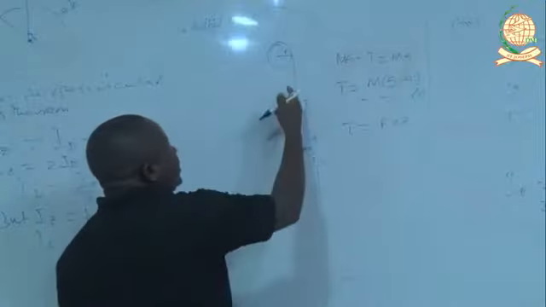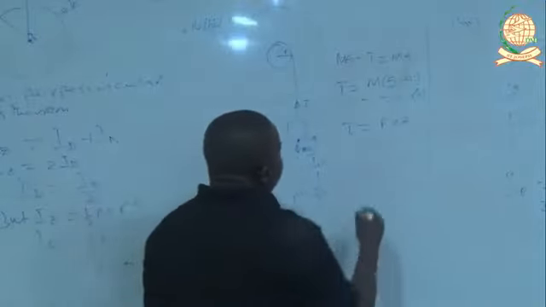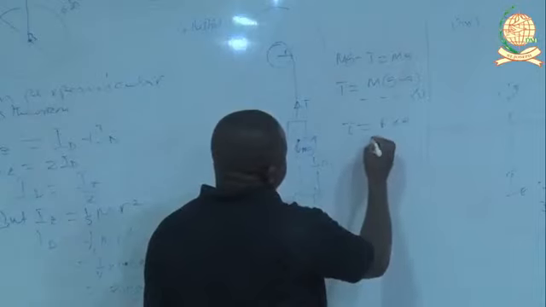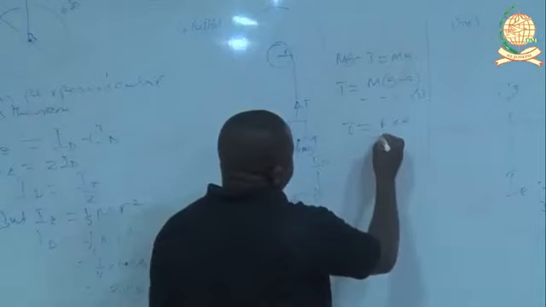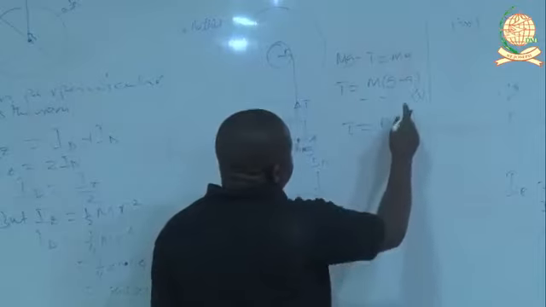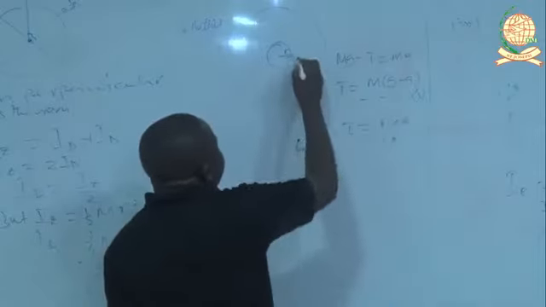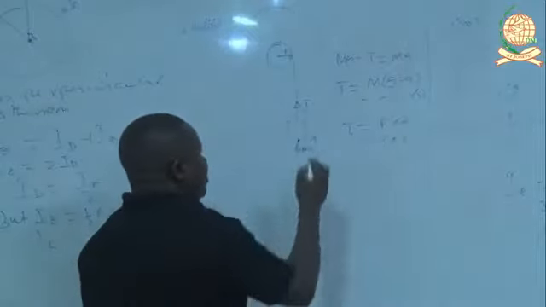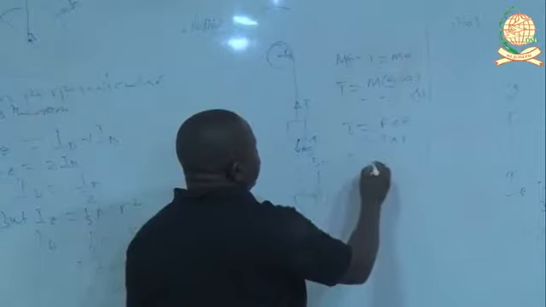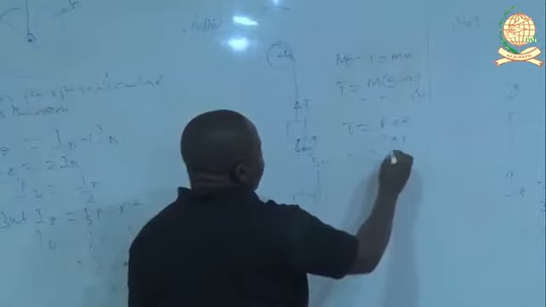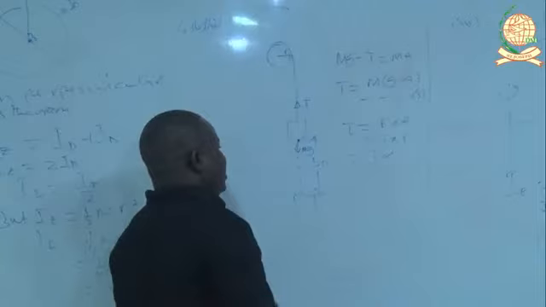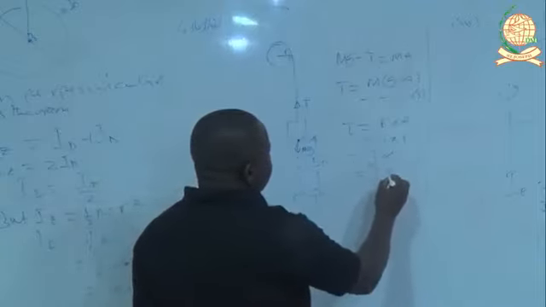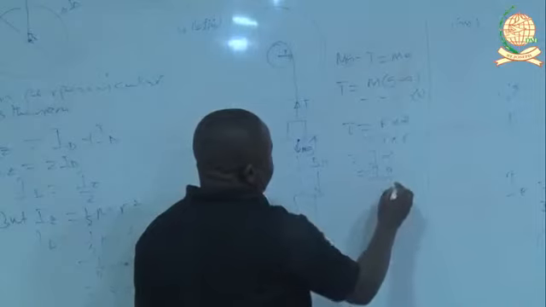Our force here is the tension on the string, and the perpendicular distance, which makes 90 degrees there, is the radius of the axle. But this is also equal to the moment of inertia times the angular acceleration, which is equal to the linear acceleration over radius.